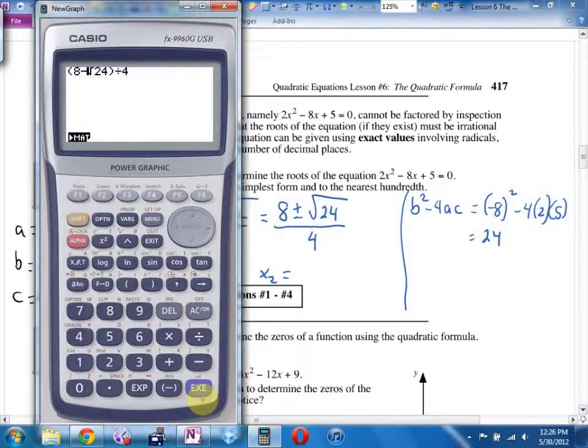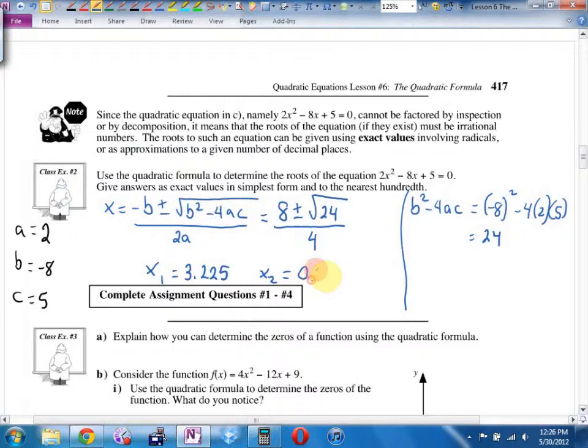Scientific calculators do it even better. You know what the second root is? 0.775. I won't make you memorize the quadratic formula. I'll give it to you on your test. In principles, I did. I felt it was actually worth it.